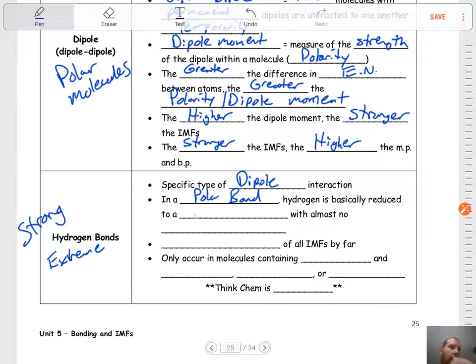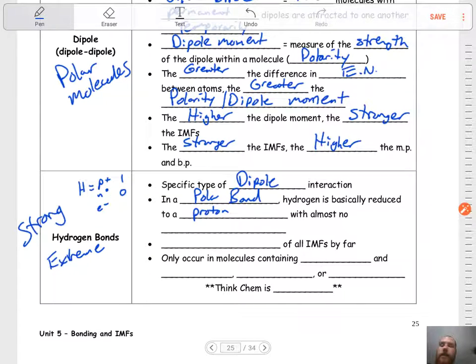Hydrogen is basically reduced to a proton. What that means is if you think about hydrogen, okay, and you write out protons, neutrons, and electrons, it's got 1 proton, 0 neutrons, and 1 electron. Now, because sharing is taking place in a polar bond, the other elements in this extreme case of hydrogen bonds are basically just taking the electron away from hydrogen so that it basically has none, because it's a greedy sharer, the other 3 elements that this will happen with, and it's leaving it with just a proton.